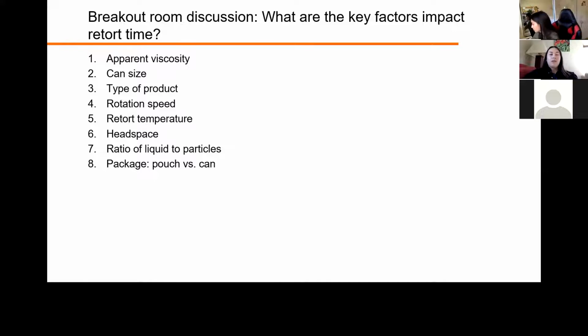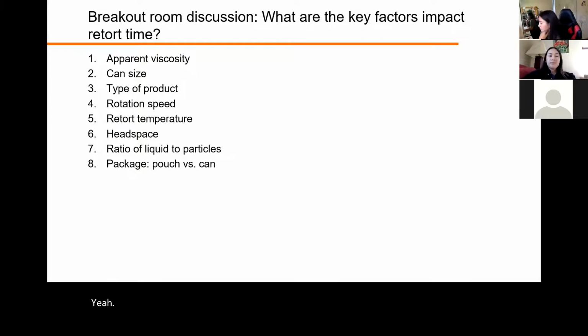If you don't have the correct amount of headspace, the food will spill out, or it will lead to incorrect processing times. The amount of headspace in a can affects the cold point in the can and alters the retort time. But it was kind of difficult to discuss. We weren't really sure what else.